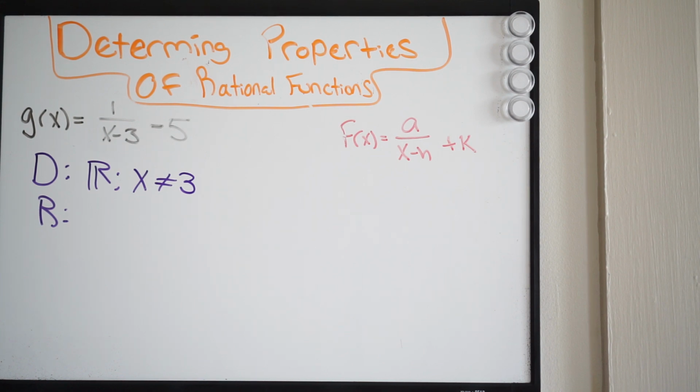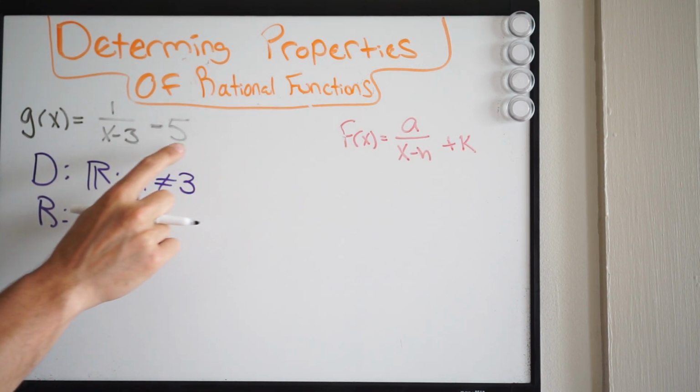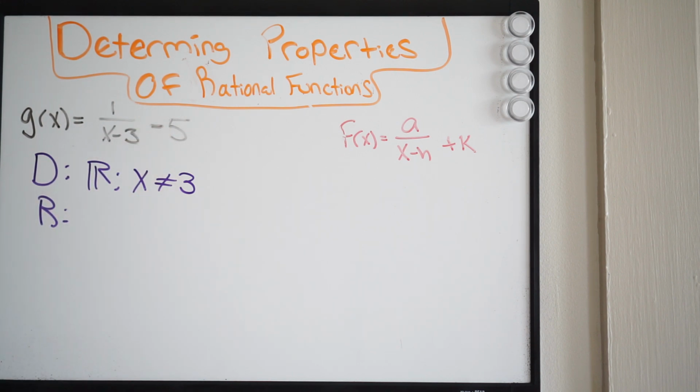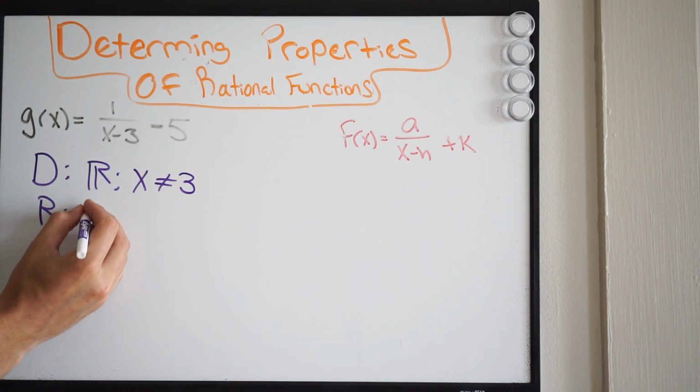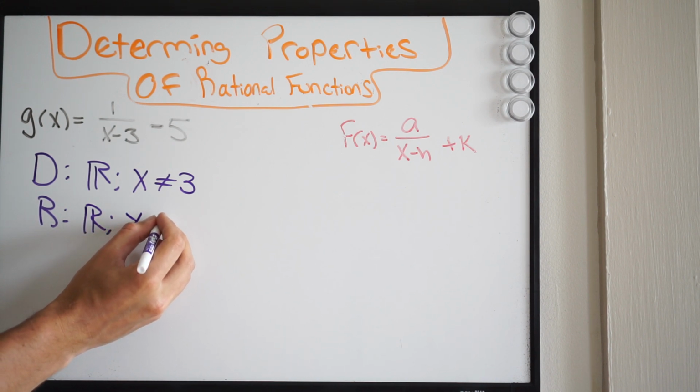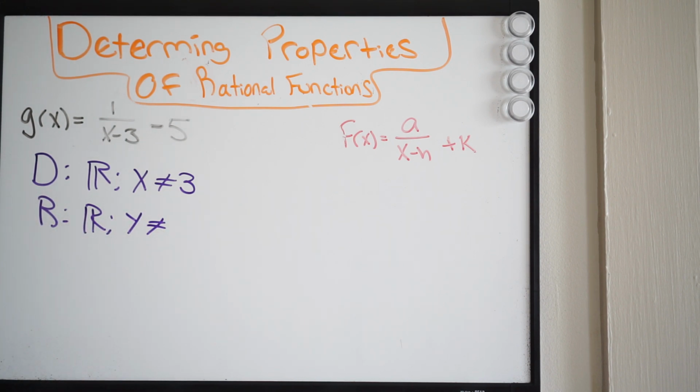Now for my range, it's going to be your k value. So here's my k, and here it is with the function in question. So for my range, it's going to be all real numbers, except y cannot be equal to, and my k value here is going to be -5.